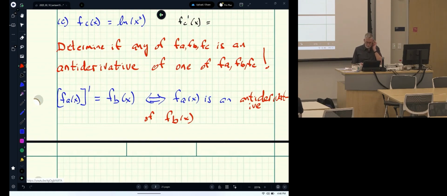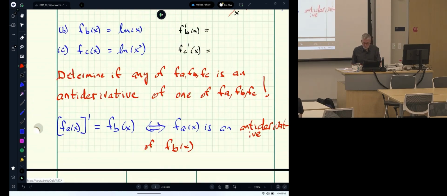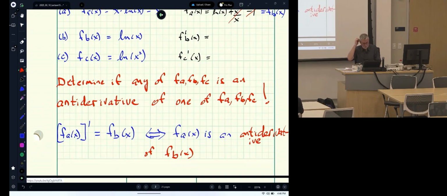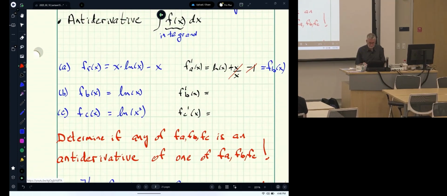Okay, so f b is the derivative of f a. That makes f a the antiderivative of f b. So we're just warming up, practicing definitions here.